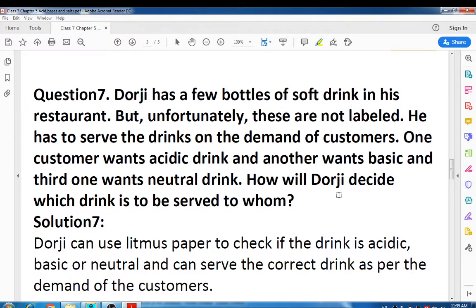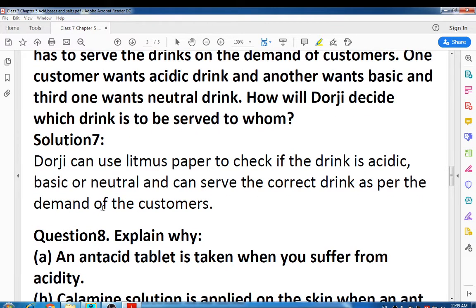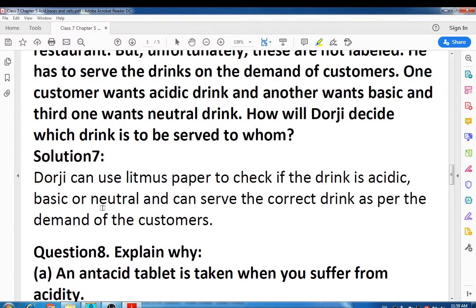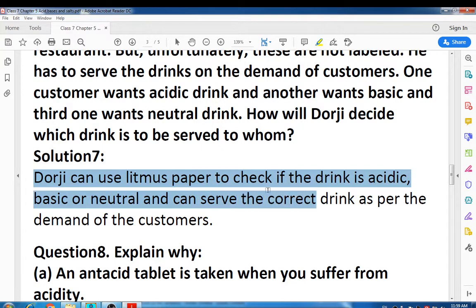How will Doji decide which drink is to be served to whom? Here we can use natural indicators. Normally we use litmus. So Doji can use litmus paper to check if the drink is acidic, basic or neutral, and according to that he can serve the correct drink as per the demand of the customer. Correct?